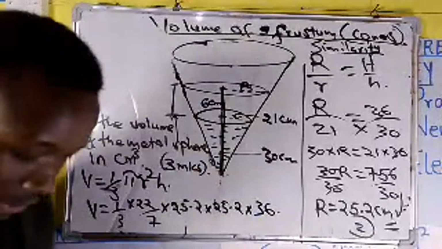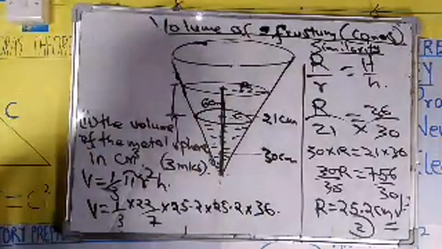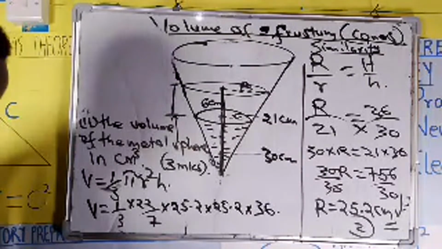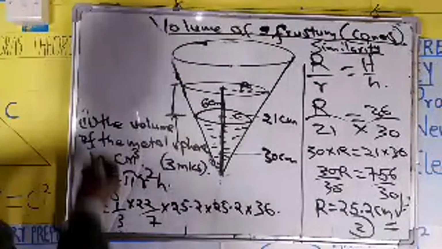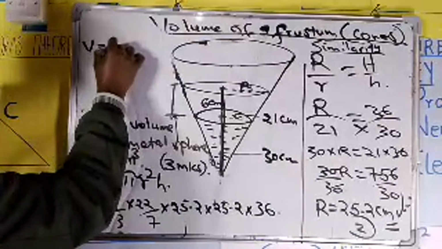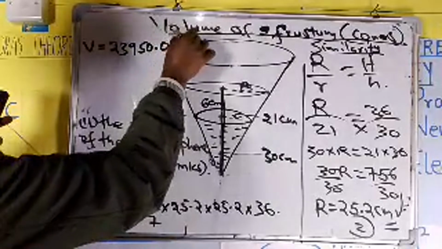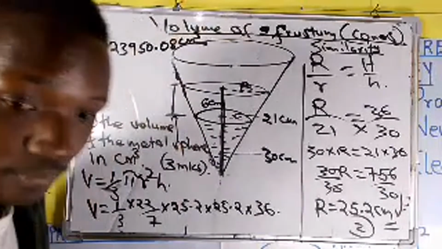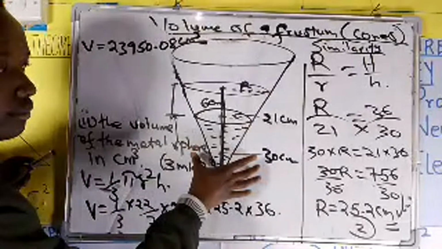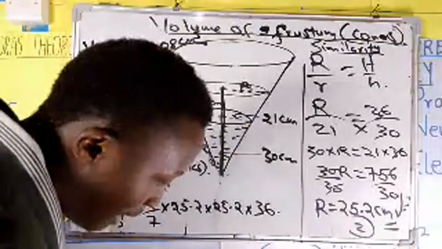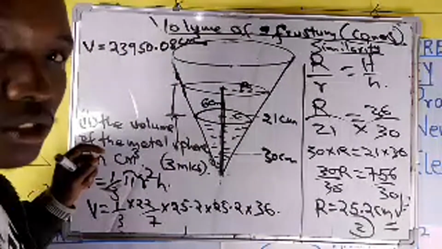Once we determine that, we will get our volume is equal to 23,950.08 centimeters cubic. Hiyo ni volume ya hii yote, lakini tunataka volume ya hiyo metal sphere.